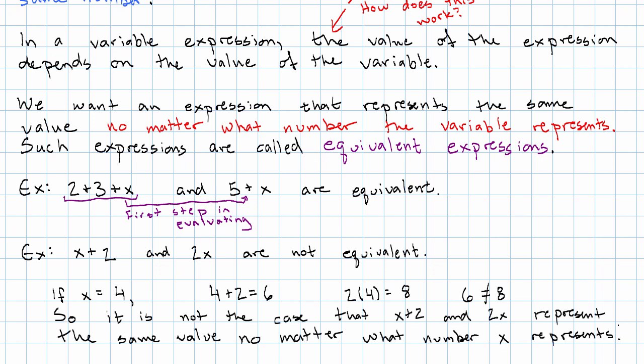So it's not the case that x plus 2 and 2x represent the same value no matter what x represents. In particular, if x is 4, they represent different values.